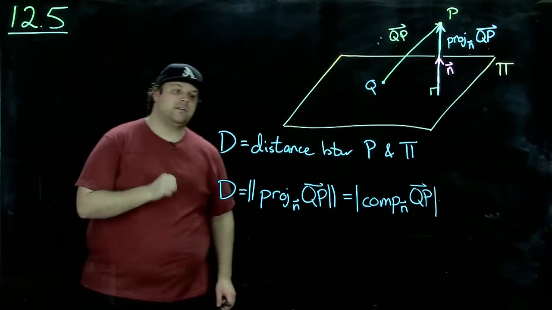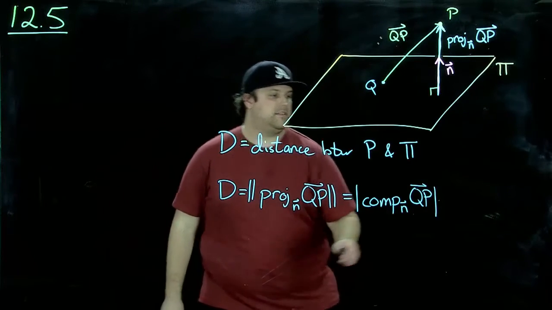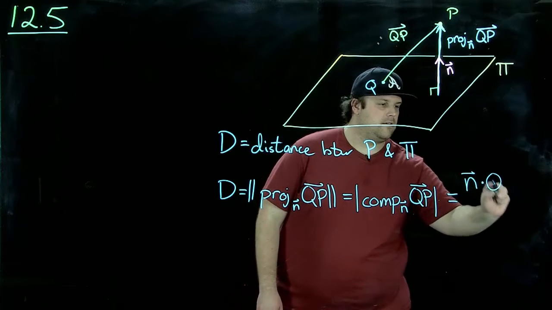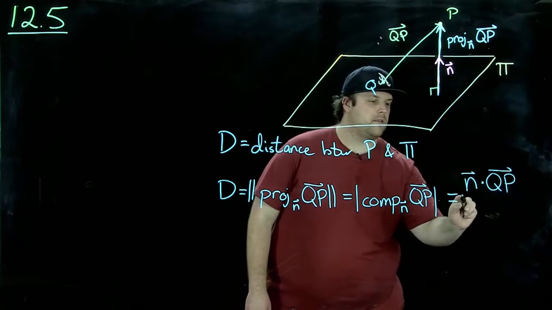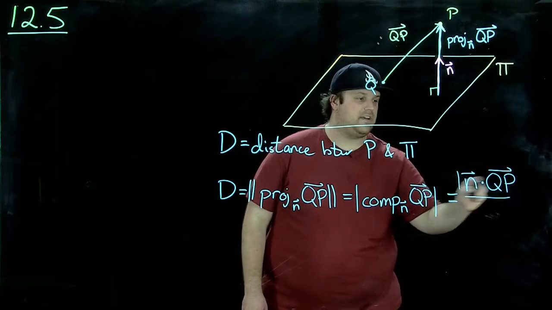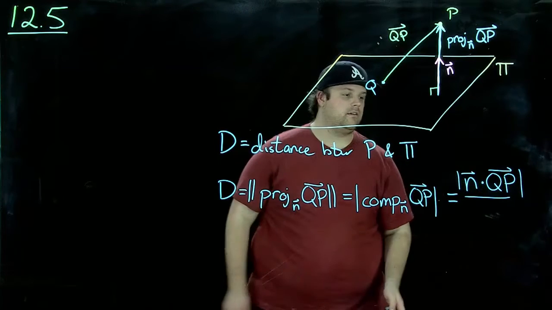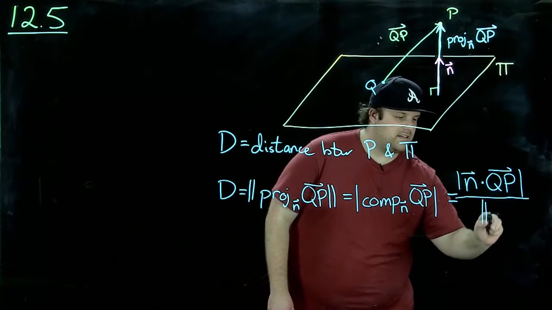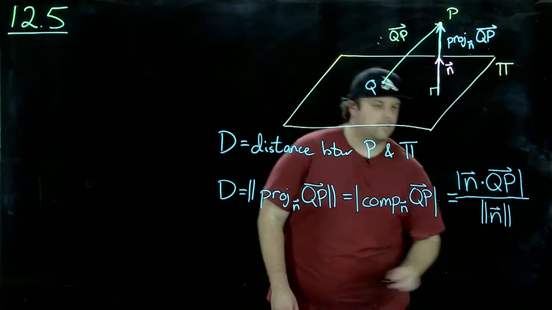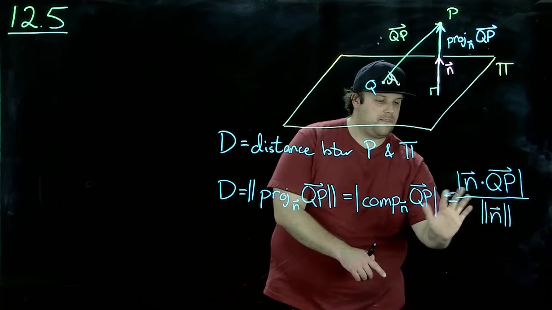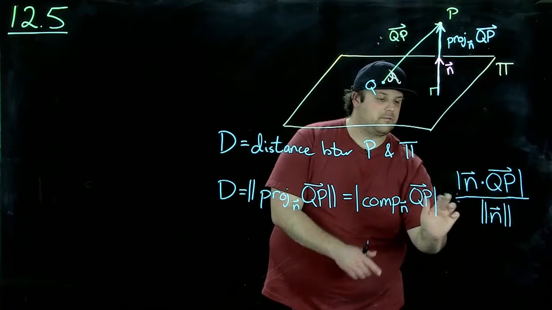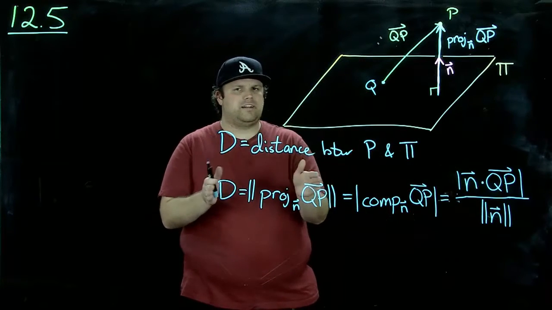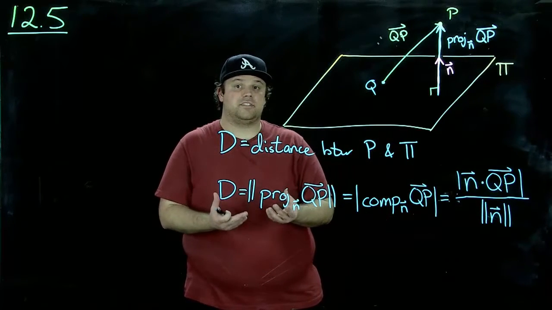So to compute this, this is n dot product with QP over, so we need the absolute value of this because of the absolute value bars here. We're going to divide this by the magnitude of n. All right. So remember this n dot product QP, we don't have magnitude on that because dot product is just a number.